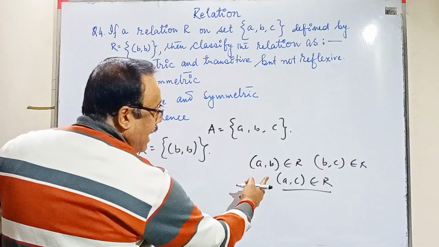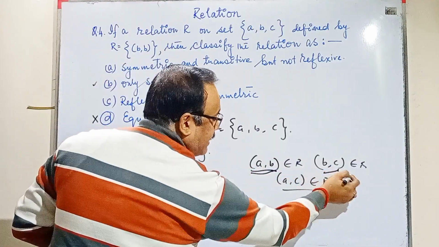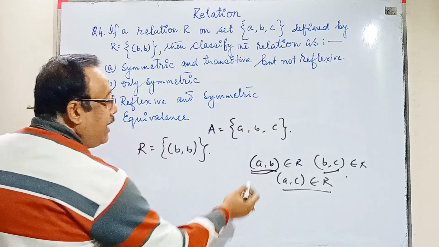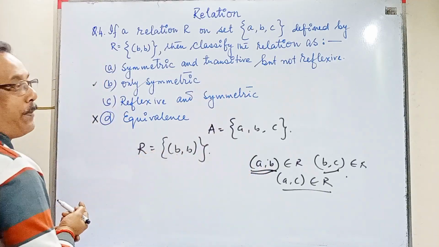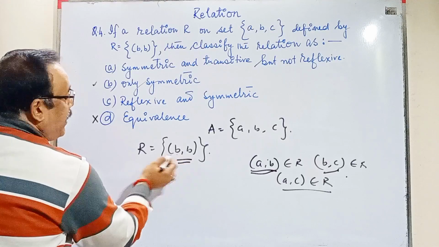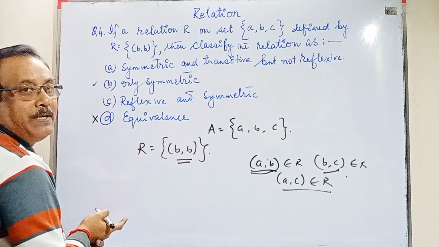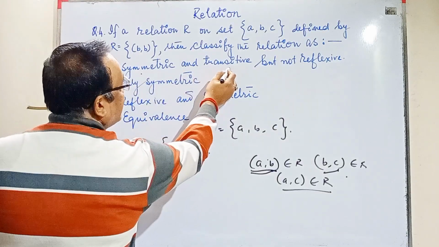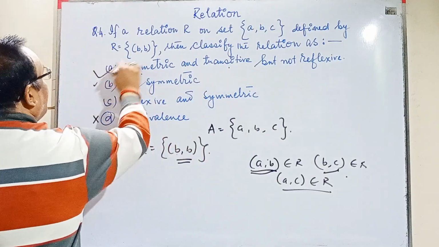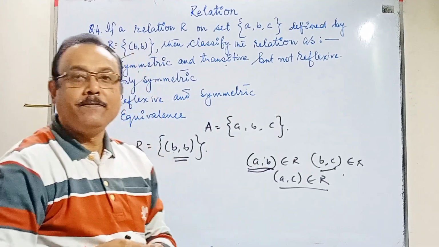As by law, if (a, b) is there and (b, c) does not exist, then we can say that this particular ordered pair supports the transitive property also. That means this ordered pair (b, b) will not only be symmetric, it can be transitive also. So it will be symmetric and transitive but not reflexive. So A is the choice. We go on to the next question.